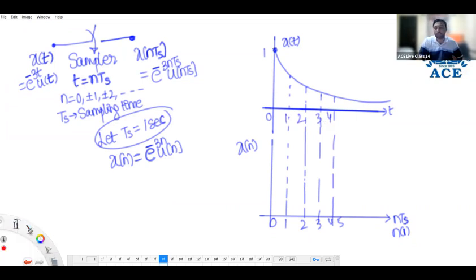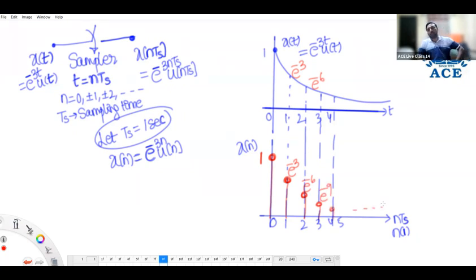What is the amplitude at 0, sir? For the original signal, 1. Draw a line of amplitude 1. At t equals 1, what is the amplitude? Because x of t is e power minus 3t u(t), at t equals 1 the amplitude is e power minus 3. Draw another line of that amplitude. At 2, it is e power minus 6. Like that, the respective signal is retained.